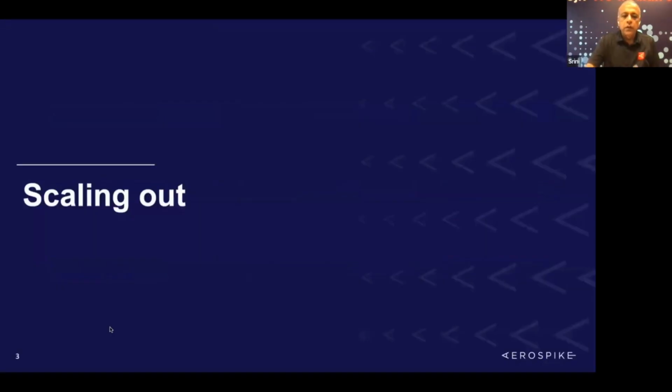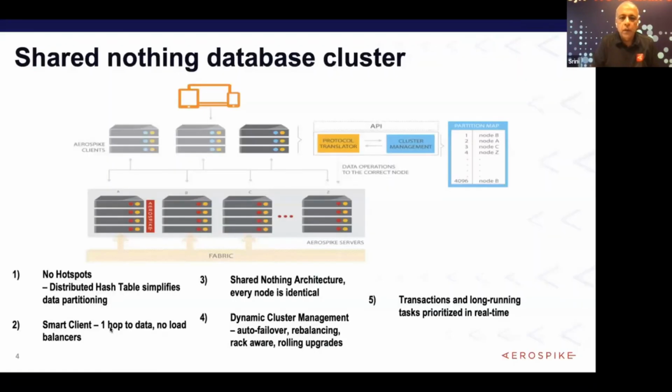So going forward, as I pointed out, we will first spend some time on the basics of scaling out in a distributed database. In Aerospike, we have tackled this problem by building out a shared nothing database cluster. Such a cluster essentially consists of a number of nodes, which is shown in the bottom part of this picture.